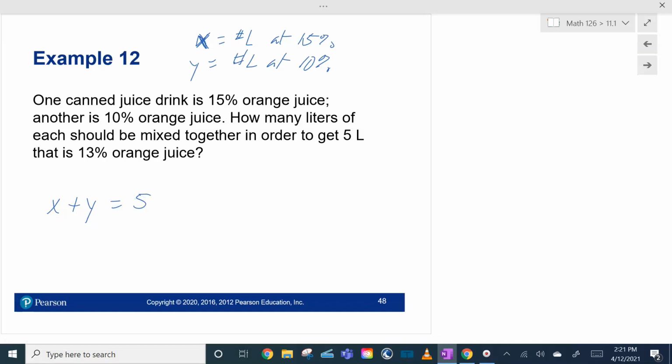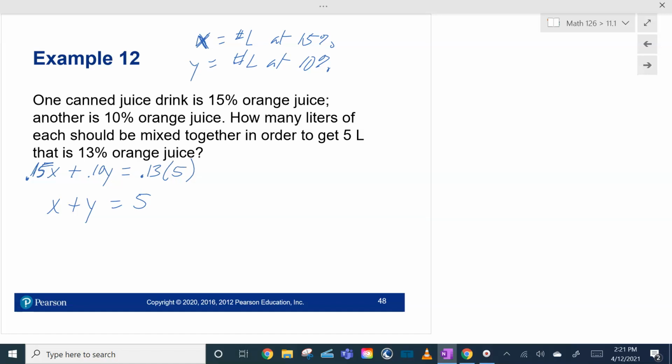All right, so we know that. Now, what about the mixture? Well, we have a 15% concentrate times x number of liters, added together with the 10% mixture, however many liters of that. And that's got to give us a 13% mixture, but there's 5 total liters. Okay? And then you can just do this by elimination, right?